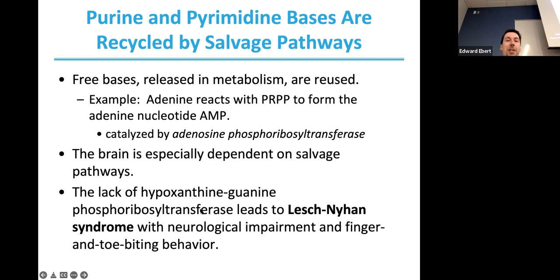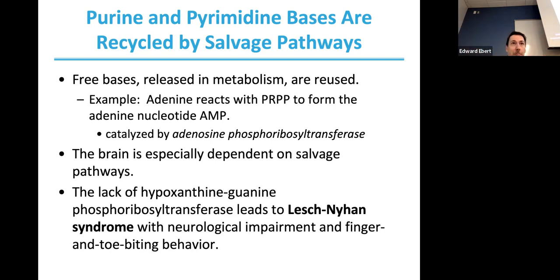Lesch-Nyhan syndrome is just, yeah. So it's neurological impairment because maybe it's a lack of purines in the brain or something like that. But you can't get the salvage pathway.